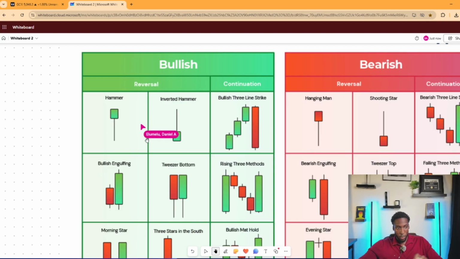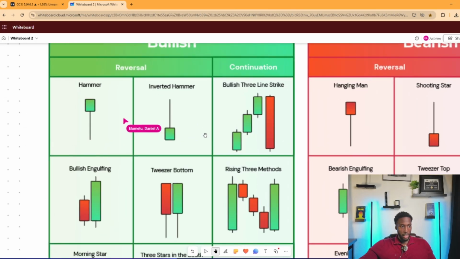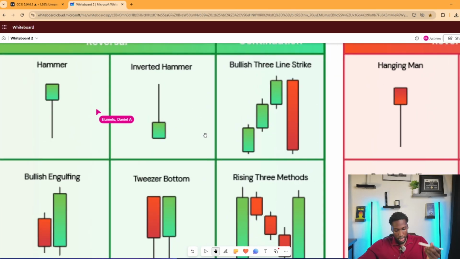It's the same concept over here with the inverted hammer candle, right? Price opened, traded all the way up here. It's very, very bullish.